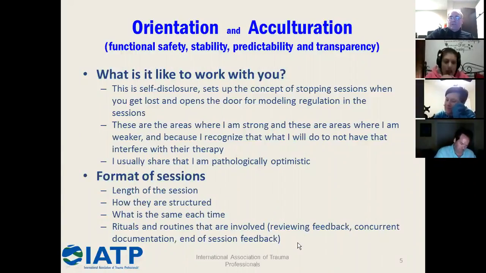So what you're going to do is over disclose, if you will, to some extent. This sets up the concept for you to stop sessions and do the modeling that we talked about before. Sometimes you get lost in sessions and you get caught on one idea and you forget to listen to the next.